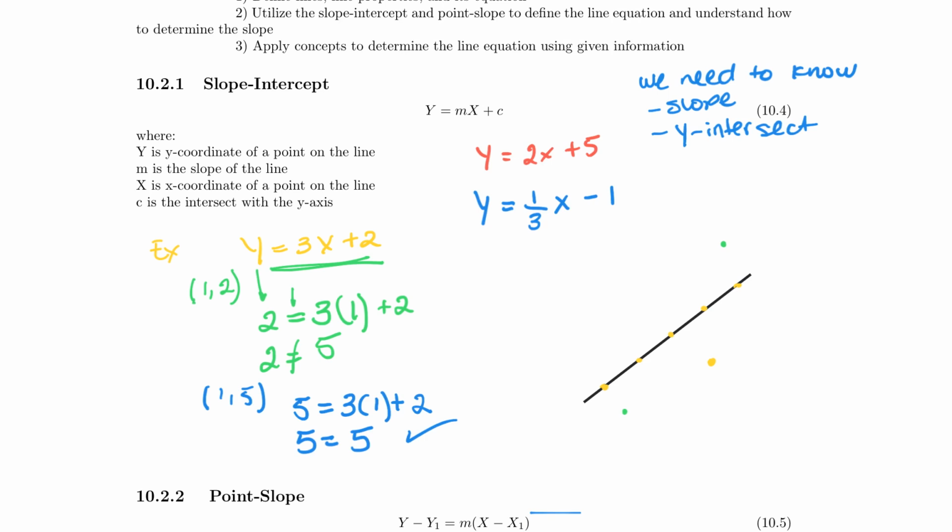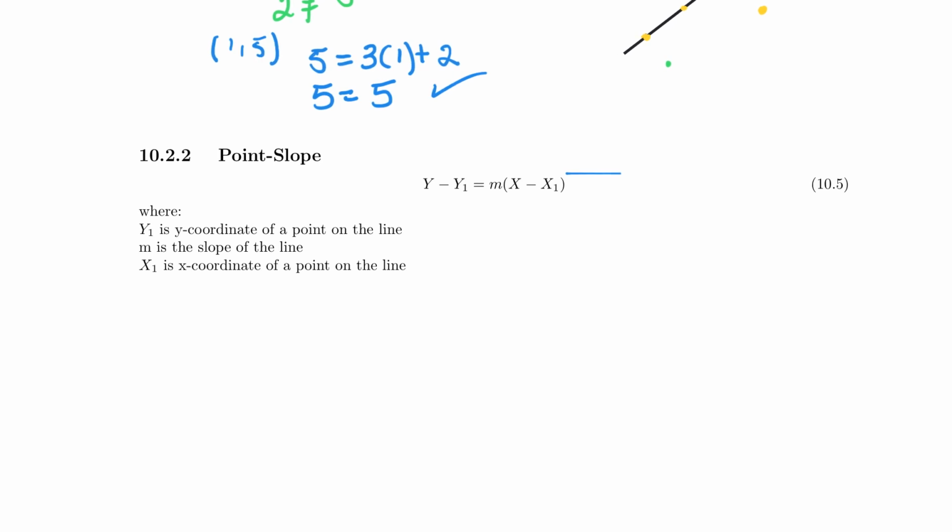If we know the slope of the line and the y-intercept, we could have the equation of the line. Why? Because if you see the examples of the equation of the line, the numbers that we have are the slope and the y-intercept.